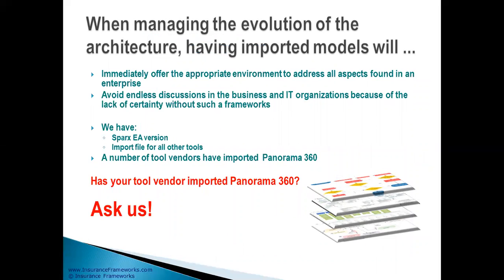So if you have an import file from Panorama 360 into your modeling tool, you immediately offer an appropriate environment to address all aspects found in your enterprise. You also avoid endless discussion in the business and IT organizations because of the lack of certainty without such a tool and a framework.